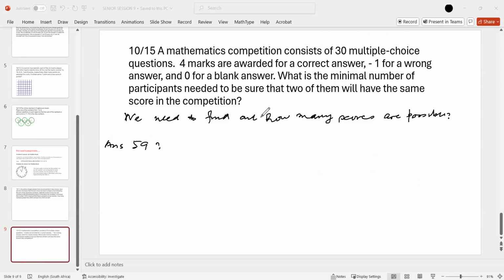So two of them will have the same score. So if we know this, then all we do is just add one to it to get the answer to the question. So how many different scores are possible? So let's just see what are the possible scores. Now, the lowest possible score you can get is minus 30. Right?